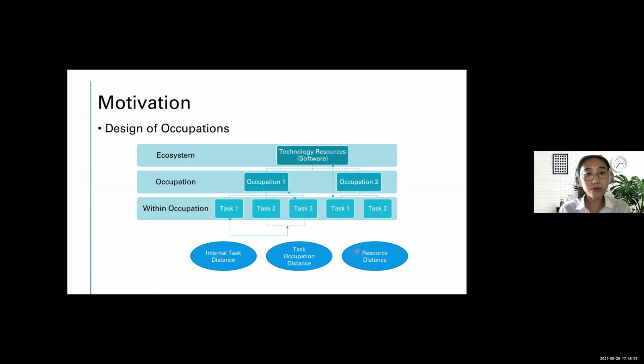And the last one is resource distance, which is the distance between a task and the technology resources that is used by the occupation the task belongs to. So what I mean by distance here is the semantic distance between the descriptions of these two entities, which we will go into further details later.